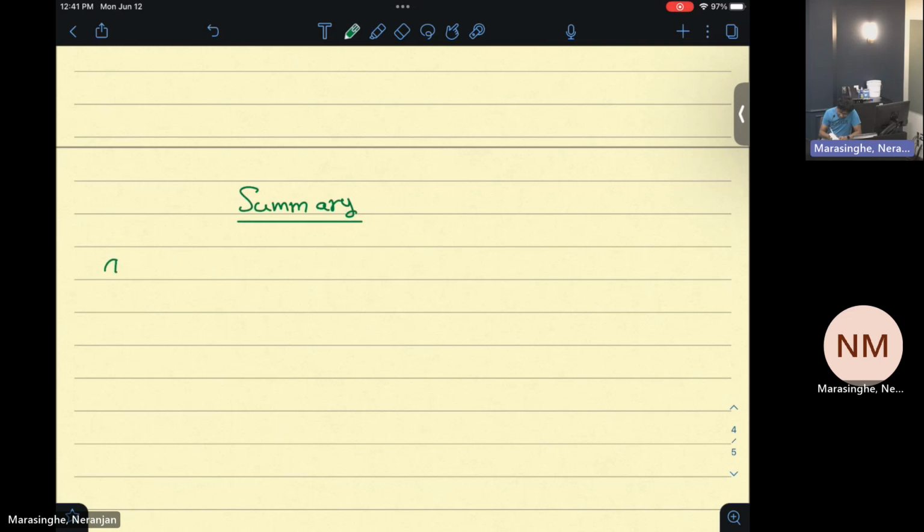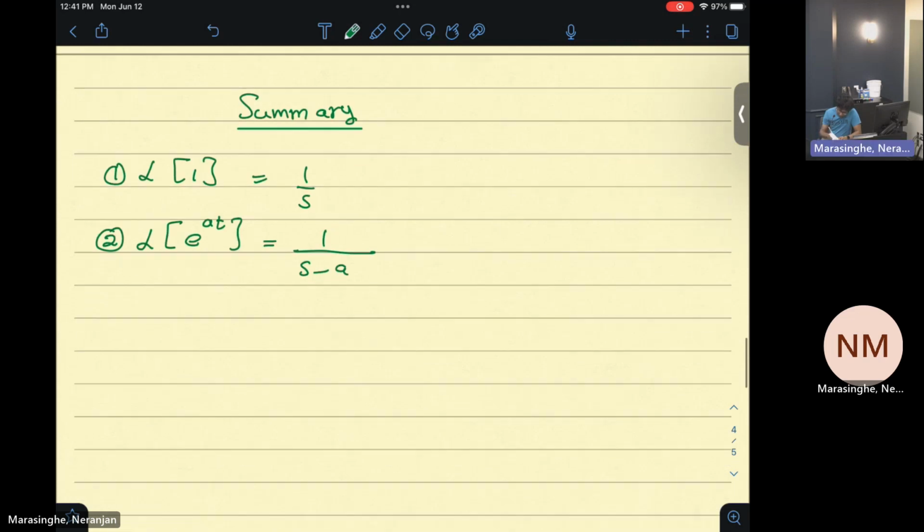We discussed the Laplace transform of 1, that is 1 divided by s. Laplace transform of e to the at, that is 1 divided by s minus a. And Laplace transform of t to the power n, which is equal to factorial n divided by s to the power n plus 1.